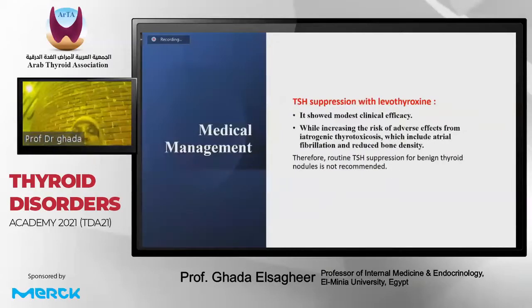What about medical management? TSH suppression therapy with levothyroxine shows modest clinical efficacy, but with increased risk of adverse effects from iatrogenic thyrotoxicosis, which include atrial fibrillation and reduced bone density, especially in the elderly. Therefore, routine TSH suppression for benign thyroid nodule is not recommended.